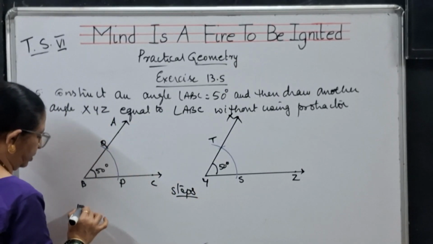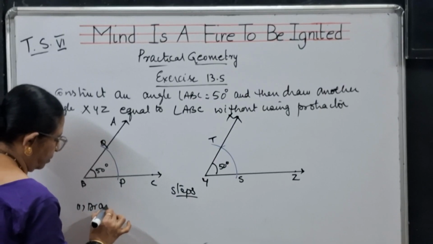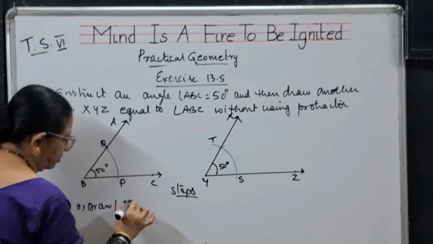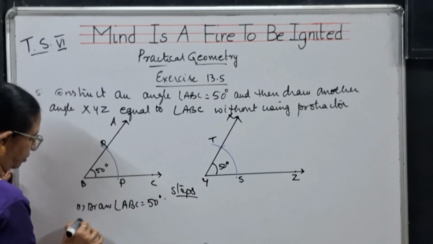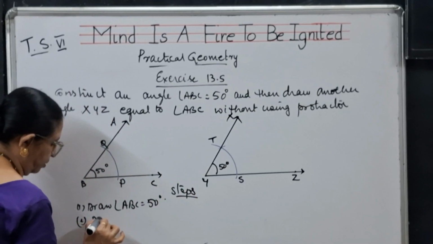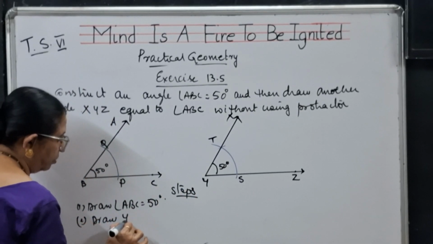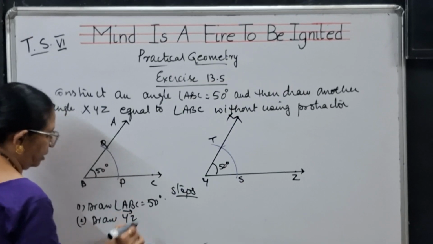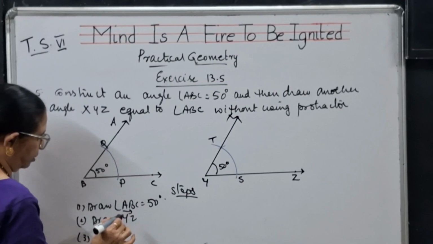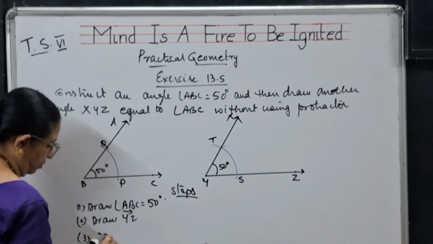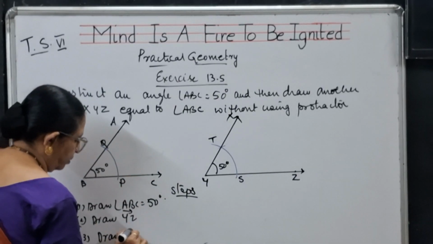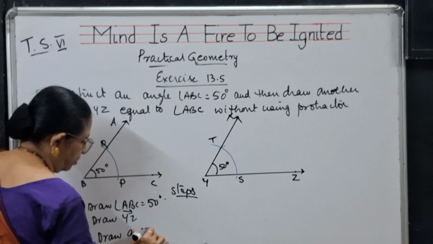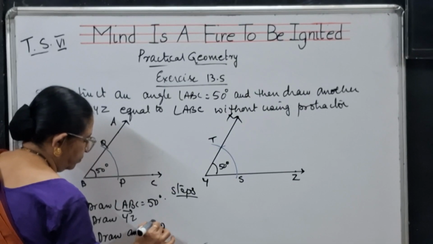Steps here. First one, draw angle ABC equal to 50 degrees. Second one, draw YZ ray. And the third one, draw an arc PQ.